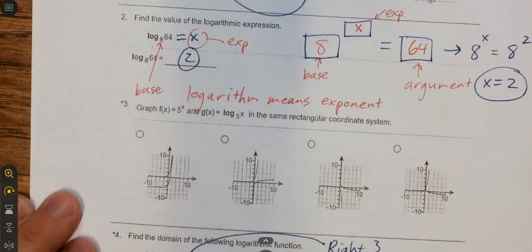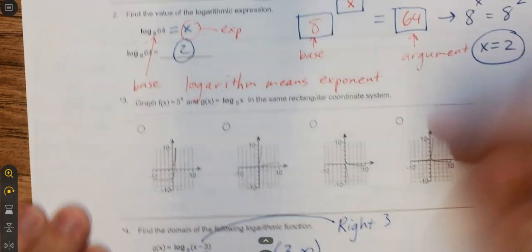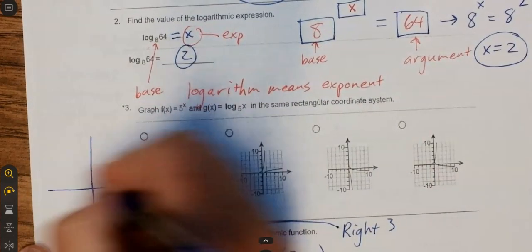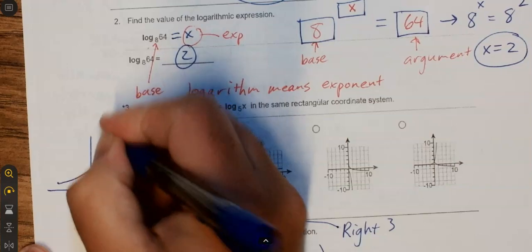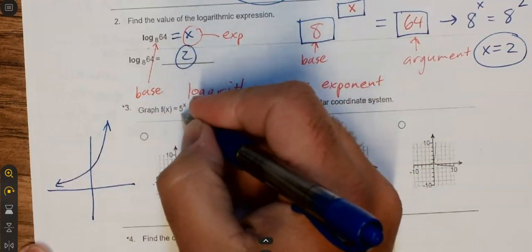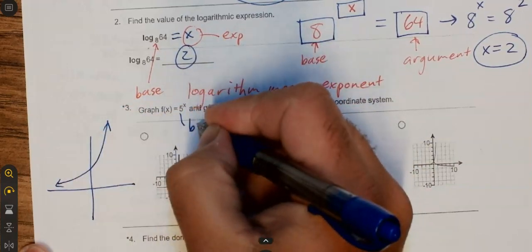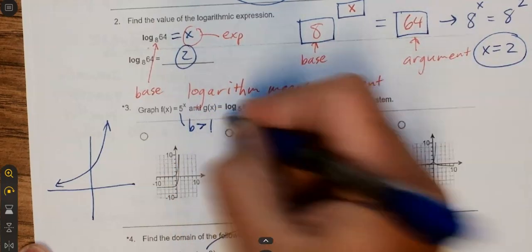Question 3 is a graphing question. We know what exponential growth functions look like, and 5 to the x, 5 is greater than 1. So I definitely know that this is growth.